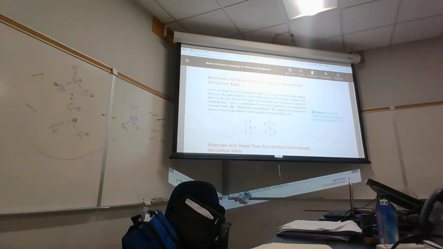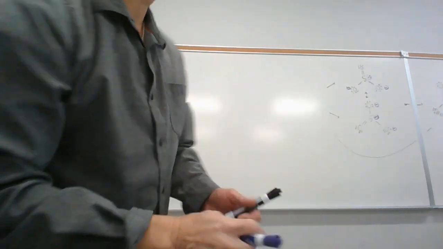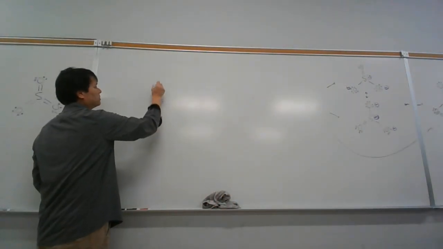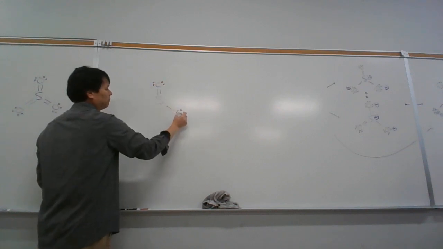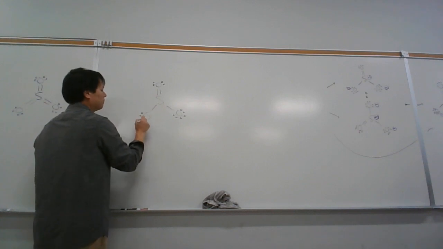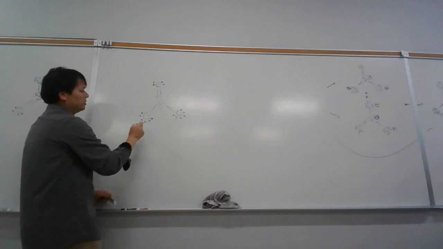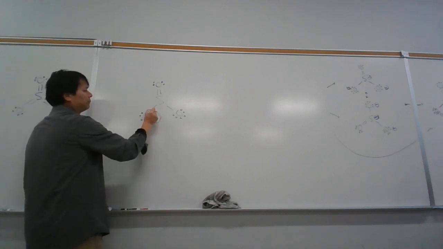And so what people think is like this, interconverting between resonance forms. So let's start off with this resonance form here. And what I can do is I can take this lone pair and make a double bond here.